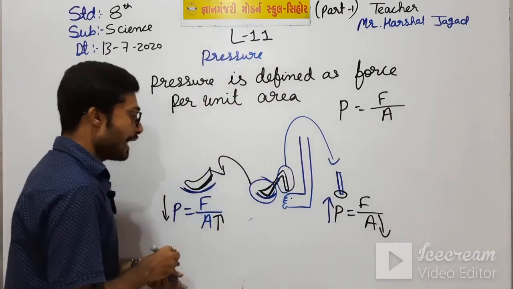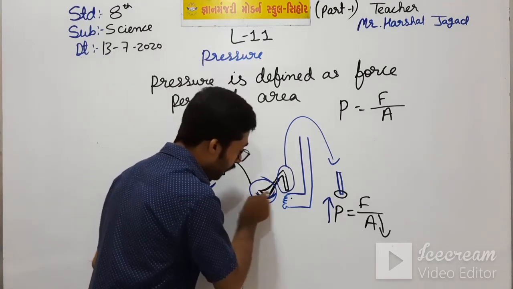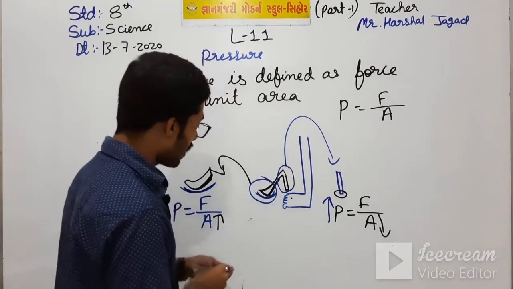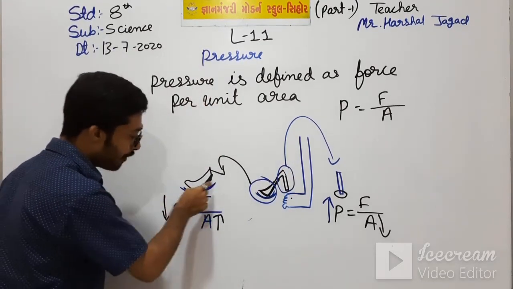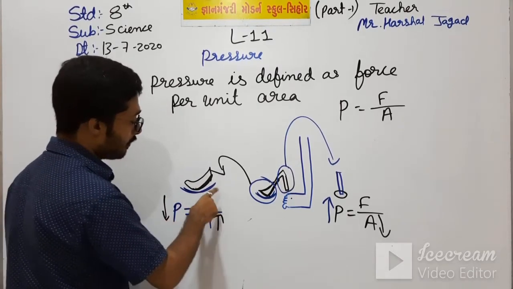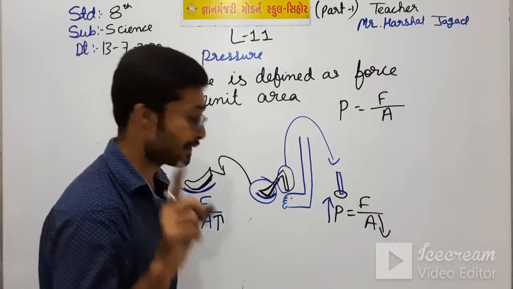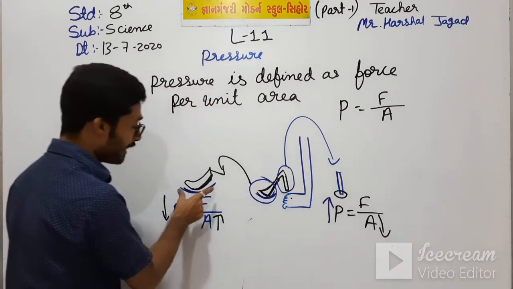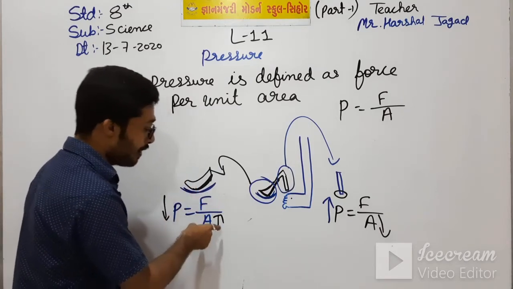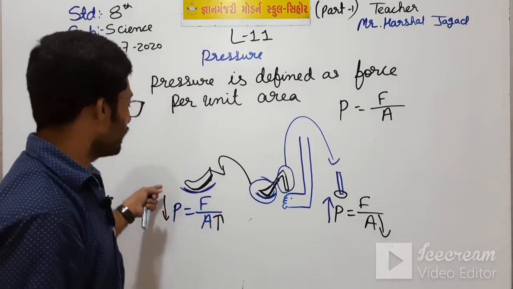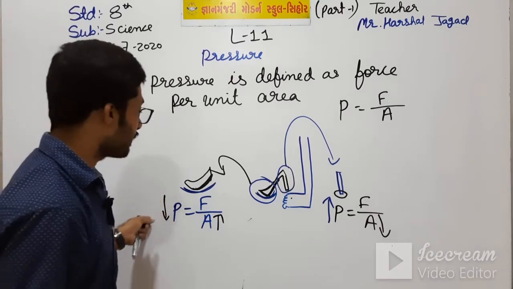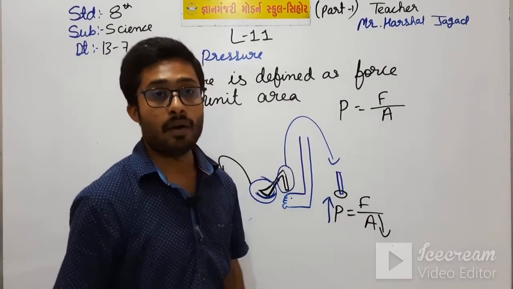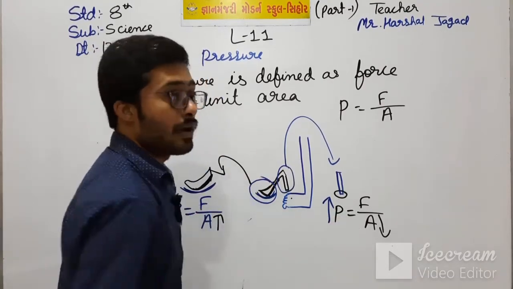Okay students, and here if this front part is on our leg, then what will happen? It has more area. So pressure is equal to F upon A. The force will be the same, but the area is more. Here there was a small area and here there is a big area. So as the denominator value increases, the pressure decreases. So this will not hurt our leg and this will hurt. Okay, so this is pressure.